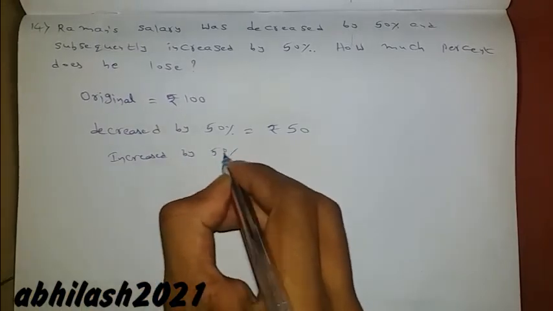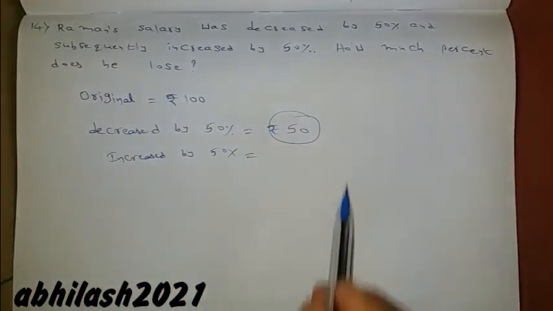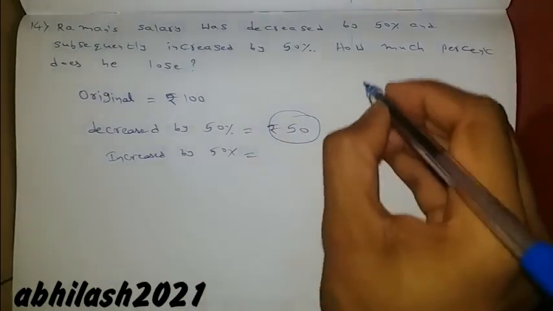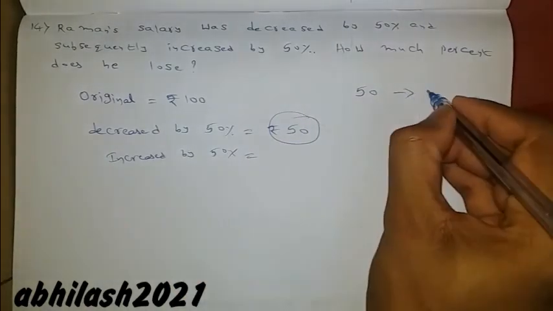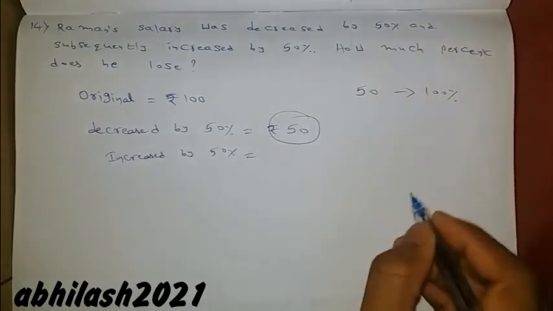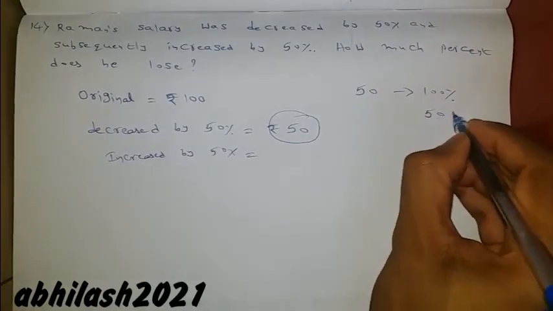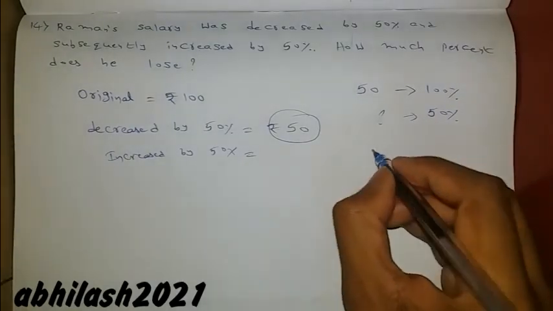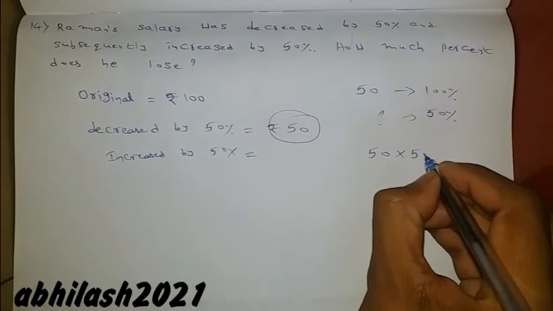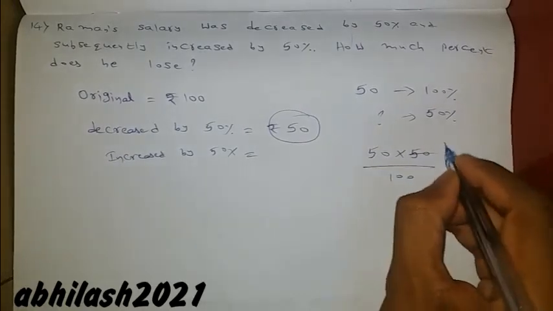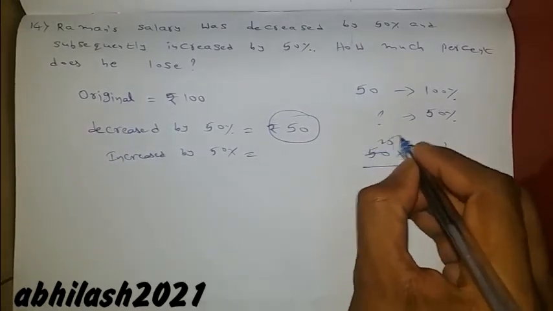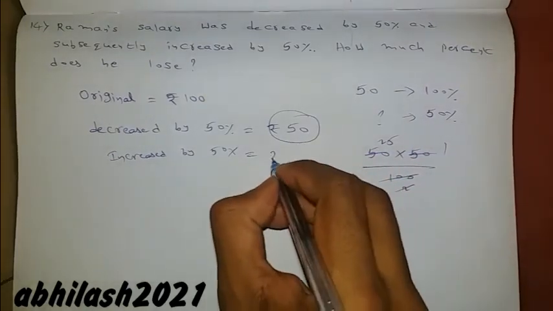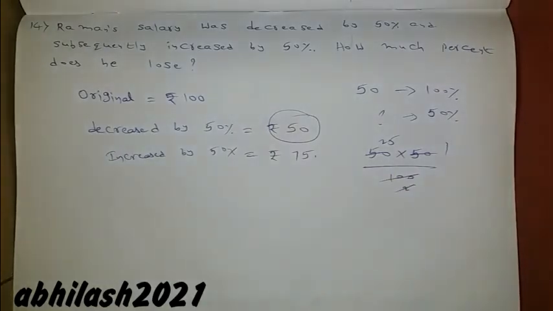This 50 rupees is 100 percentage, so 50 percentage, how much? If we cross multiply, we will get 50 into 50 divided by 100, which is 25 rupees extra. So 50 plus 25, 75 rupees.